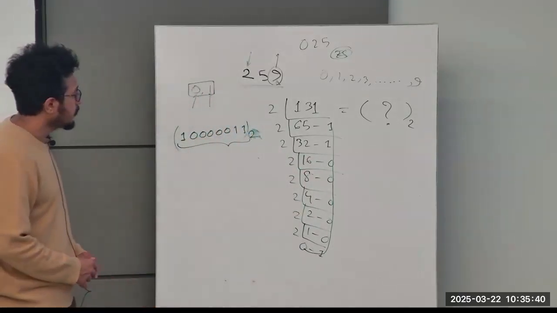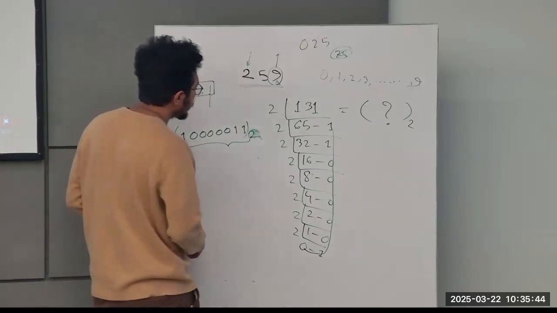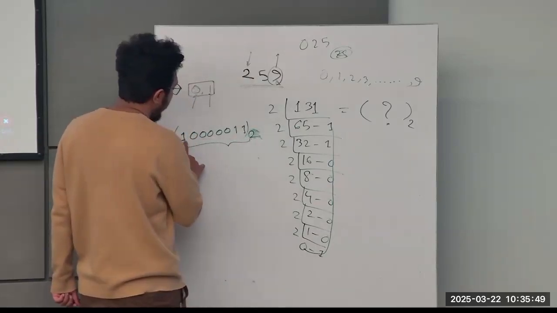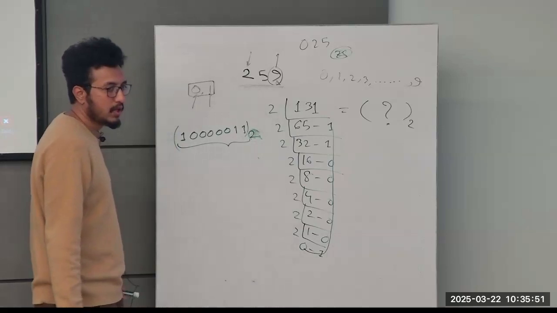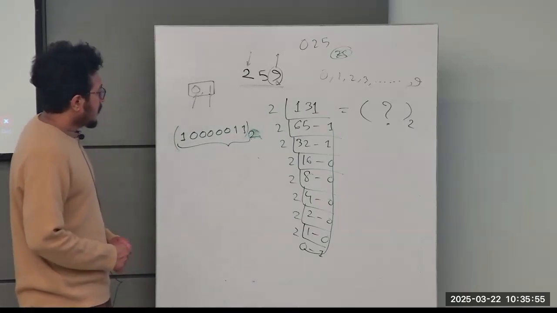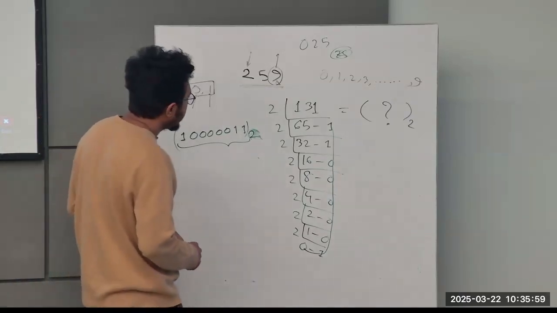So we have a higher number of digits, right? How many digits do we have? 1, 2, 3, 4, 5, 6, 7, 8, right? We have a much higher number of digits. Why is that?